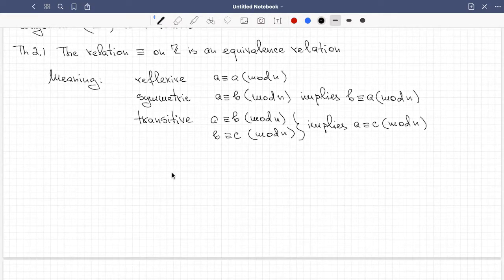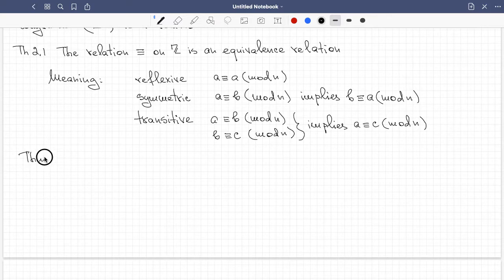As soon as we have an equivalence relation on a set, the set is partitioned into a disjoint union of equivalence classes.